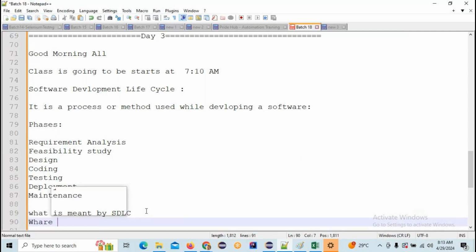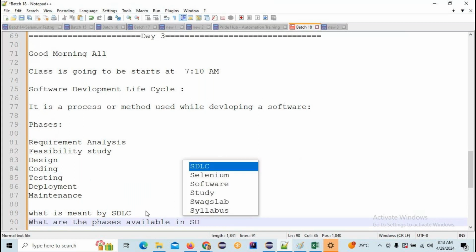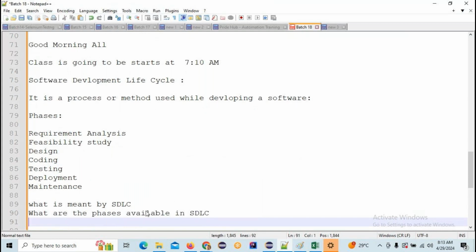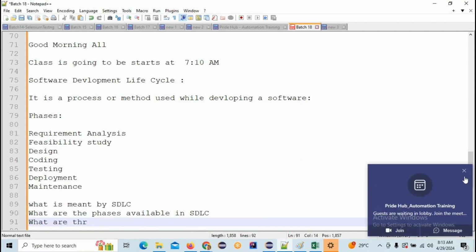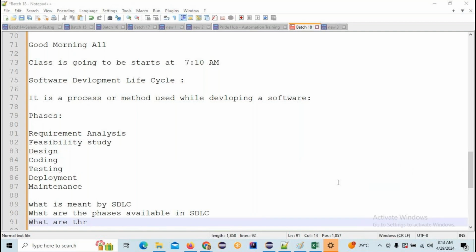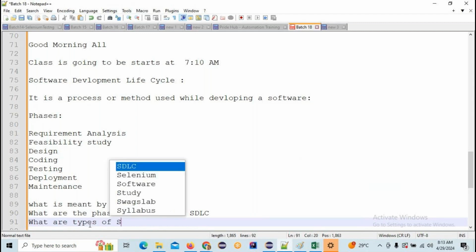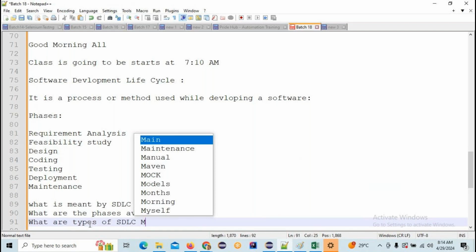What are the phases available in SDLC? And next, what are the types of SDLC models? Okay, so are you clear about these three questions, everyone?